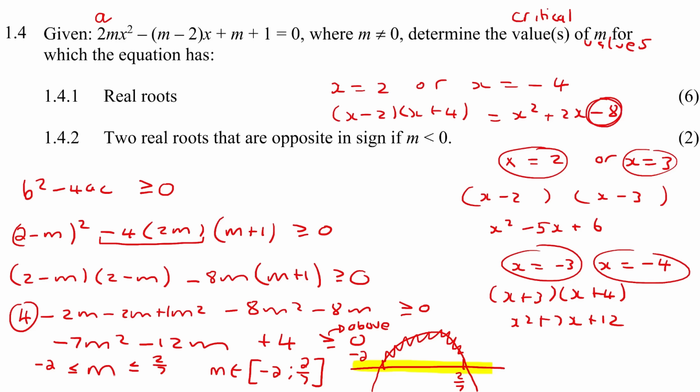So here's a rule. When c is negative, the answers or the roots are opposite in sign.